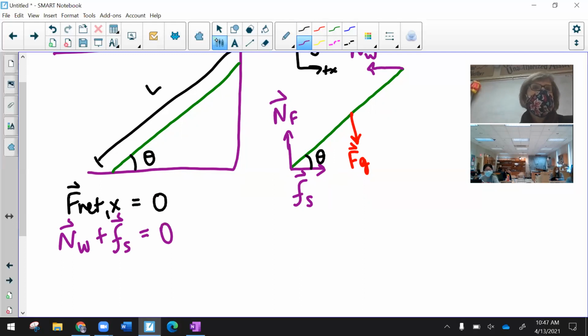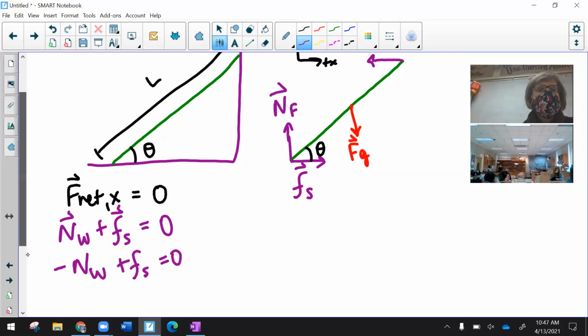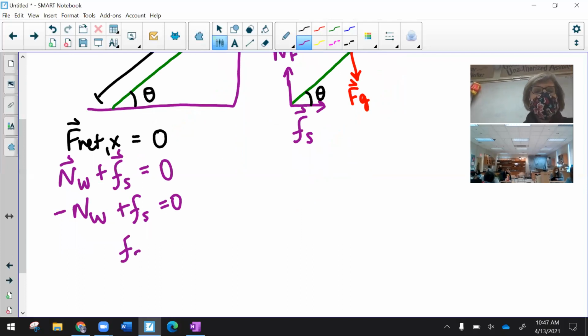So normal force due to the wall, positive or negative? Negative. Friction force, positive or negative? Okay. So that basically tells me that my friction force is equal to the normal force from the wall.